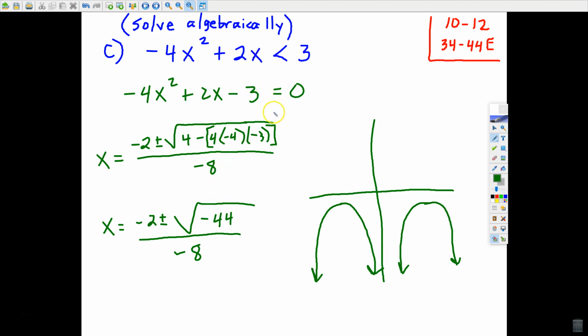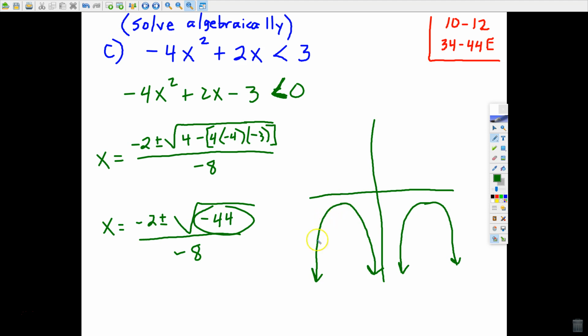Now, what this wants to know is what are the values for x? I'll turn this back into an inequality. What are the values of the x-coordinates on this parabola that fall below the x-axis? Well, they all do, because it's got to be a parabola that looks like this, opening down and cannot cross the x-axis, negative discriminant.